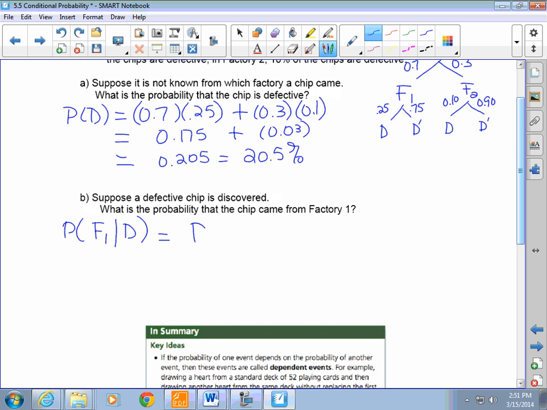So the probability of them being from factory 1 and defective, or I'm going to write it the other way, the probability of them being defective and from factory 1, and we divide that by the probability that they were defective. So we know that they're defective. That's the given part, so that's the part that goes in the bottom.